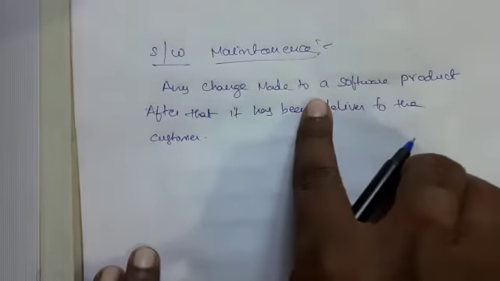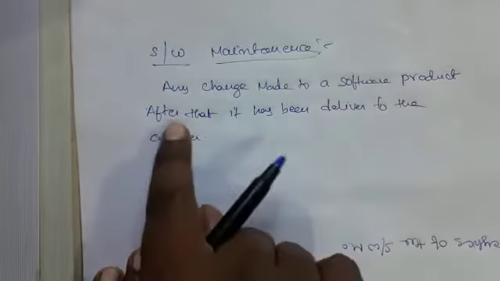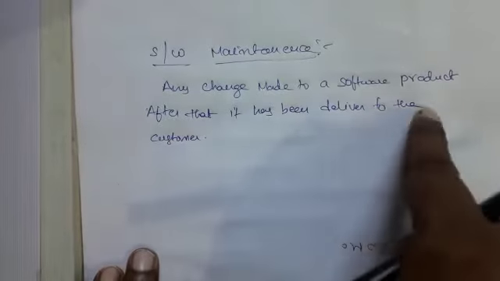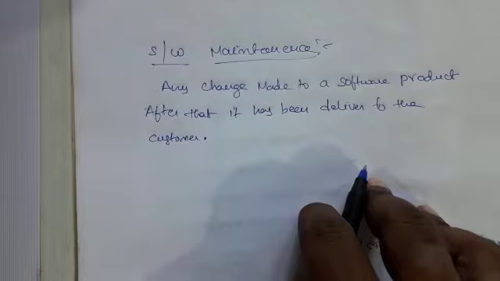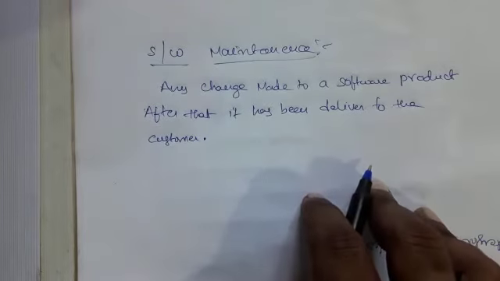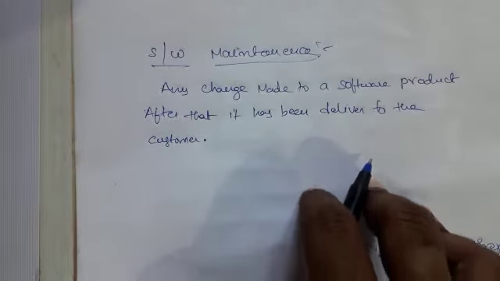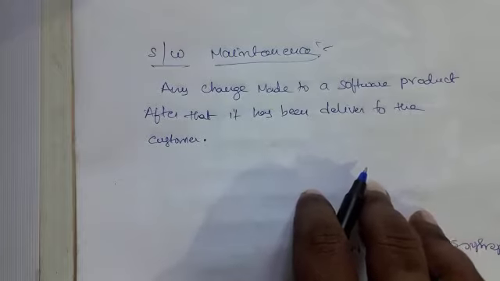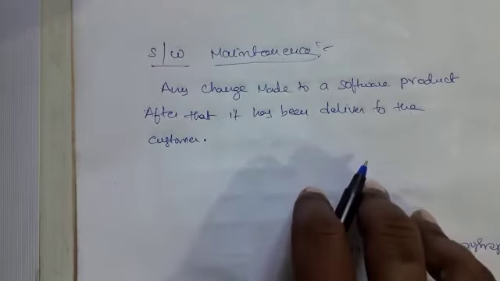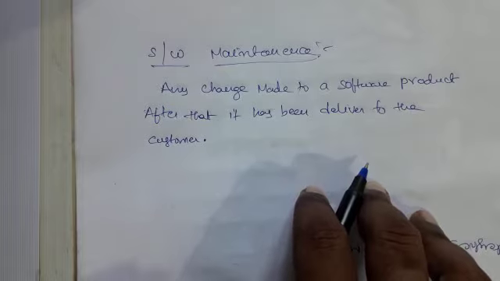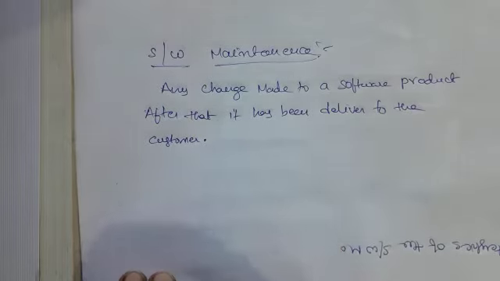That means the software product is developed, and after that it is delivered to the customer. After that any repair can occur. The software program can be changed by the software engineer. That is called software maintenance.